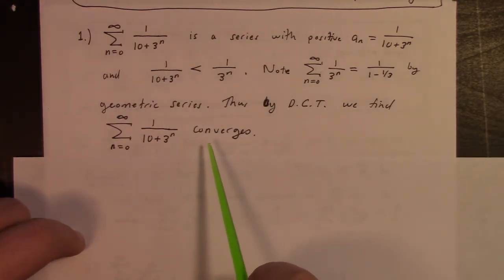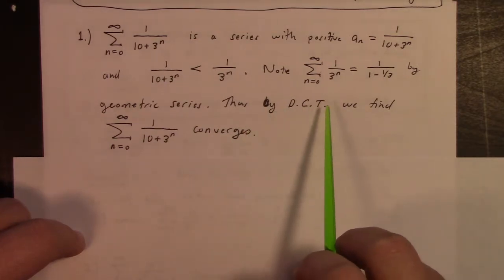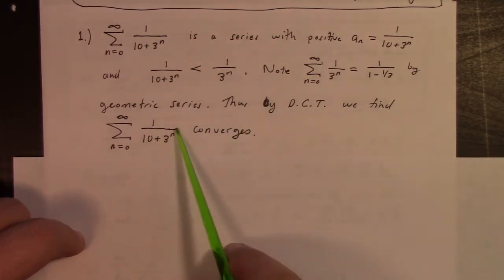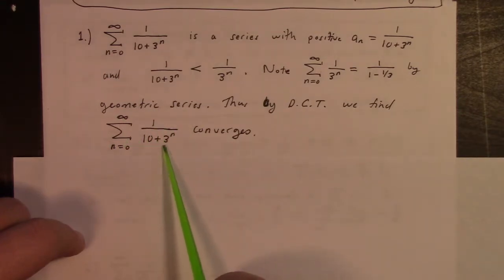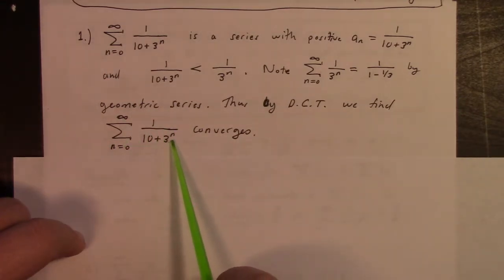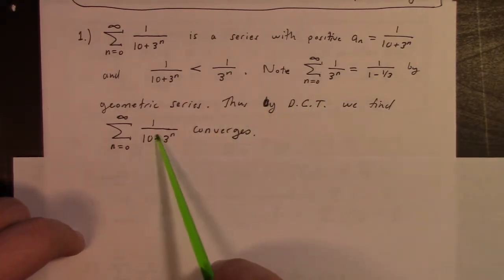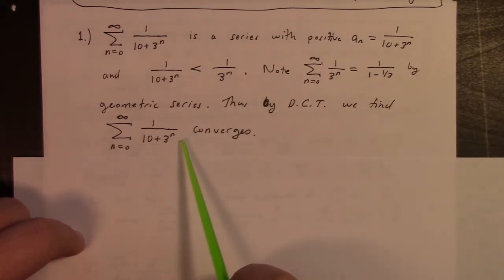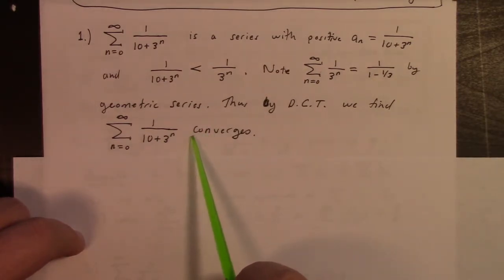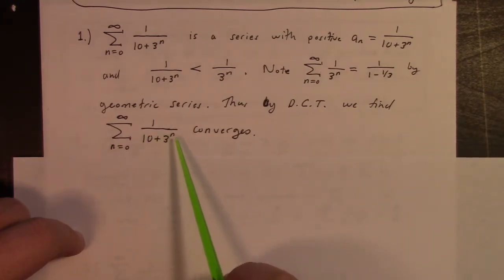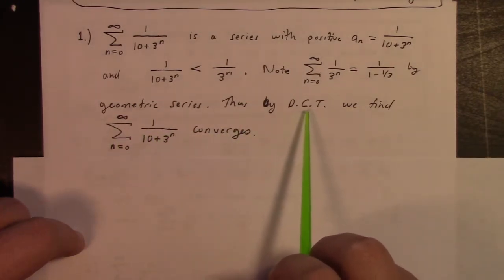So I would caution you, it's better to say the series converges. It would be not as good, and sometimes wrong, to say by direct comparison we find it converges. The question is, what is it? Now you could say, well, it's obvious that I'm talking about this, but it's just better to be clear and not use a pronoun here.